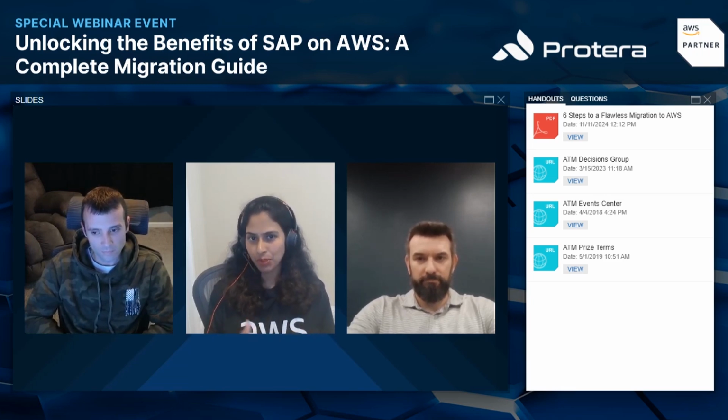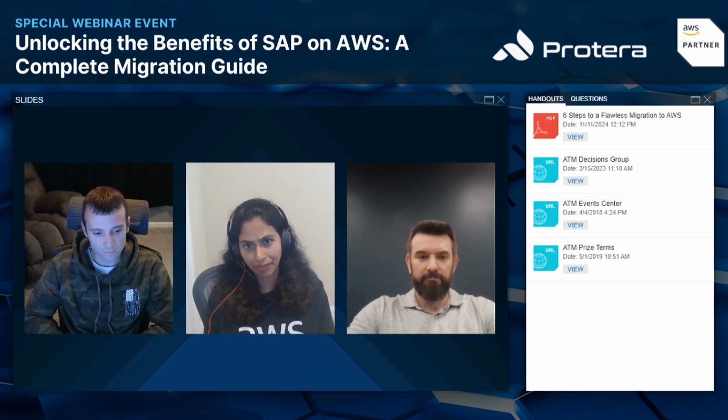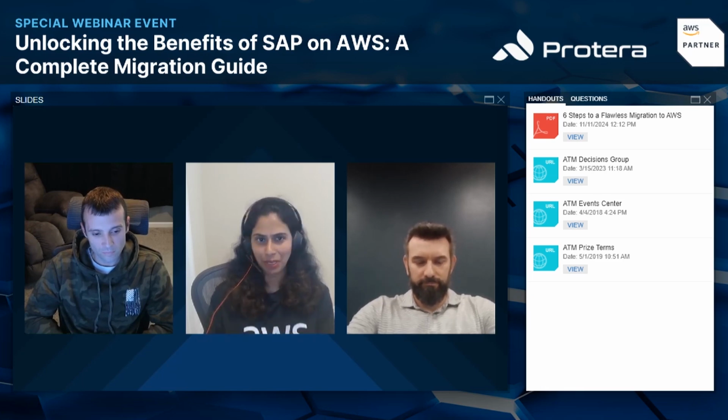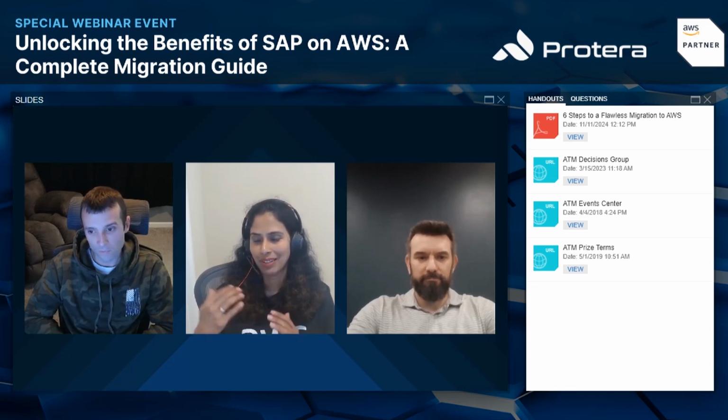And in terms of the shared responsibility model, it's the responsibility of the customers to secure whatever is in the cloud: the cloud services they are using, the EC2 instances, the configurations, and things like that.